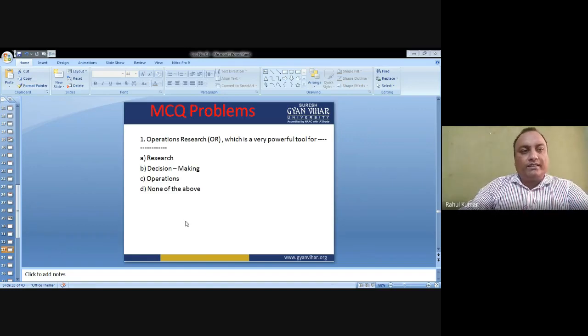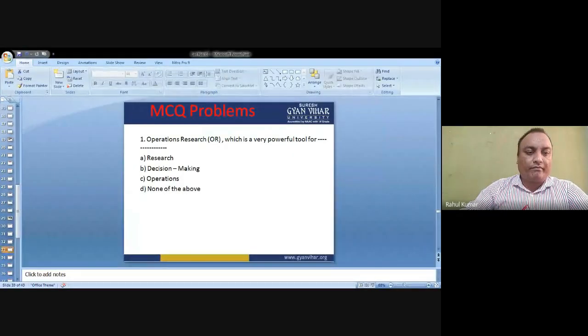Operation research, OR, is a very powerful tool for research, decision making, operations, and non-operations. So just try to search for the answer to the question.